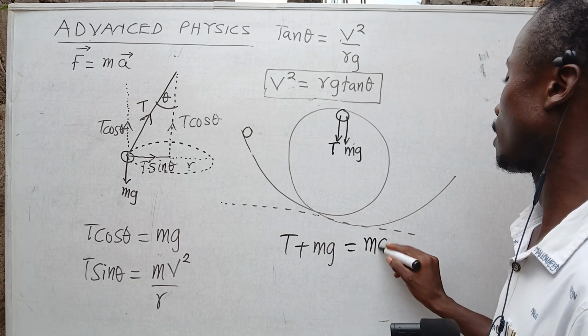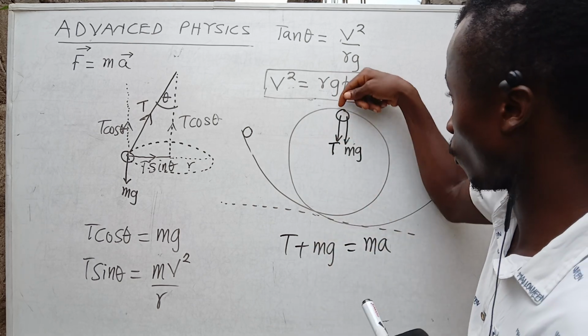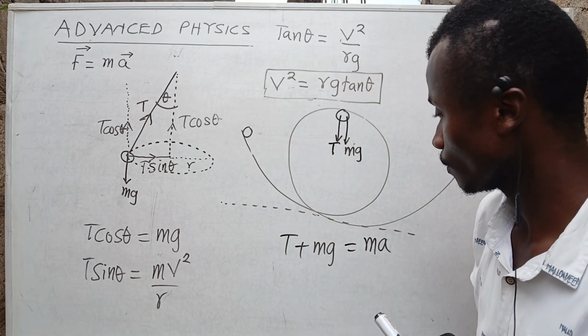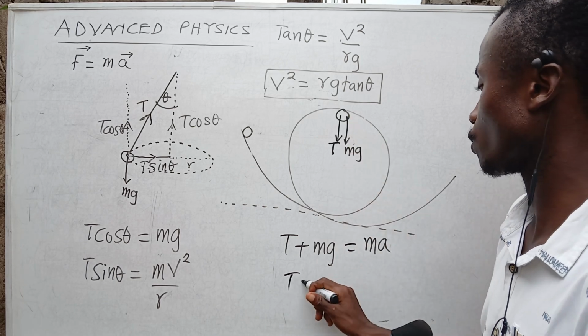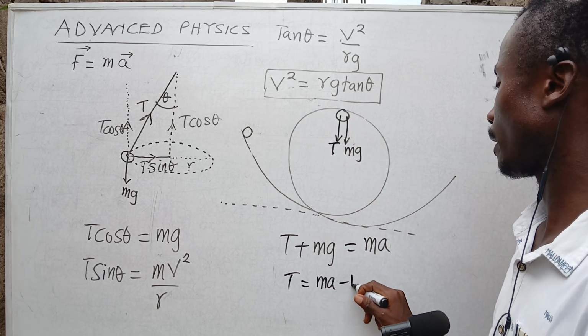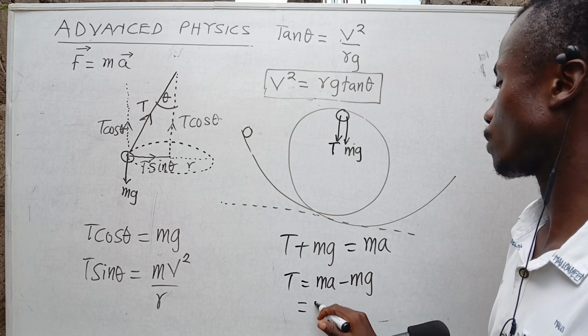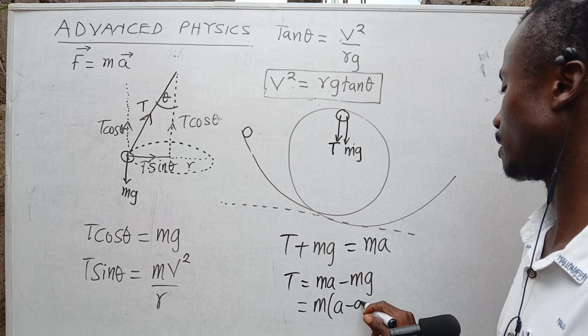Let's just call it ma, the mass times acceleration downwards. So T, which is the force the track exerts on the object, is equal to ma minus mg. That is equal to m times (a minus g).